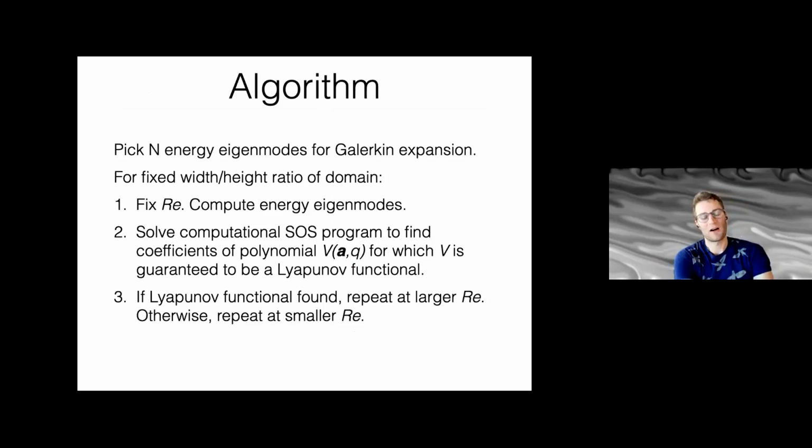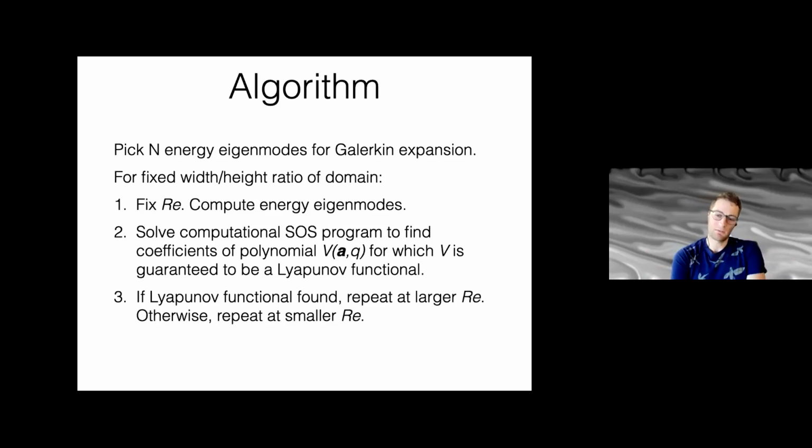So the algorithm is the following. I pick a certain number of eigenmodes that I'm going to use. I fix the domain, I fix the Reynolds number, I compute these eigenmodes. This is semi-analytical, it's almost all doable analytically. Then I build this computational sum of squares program. To do that, I have to do various projections and integrals, but these are all extremely accurate.